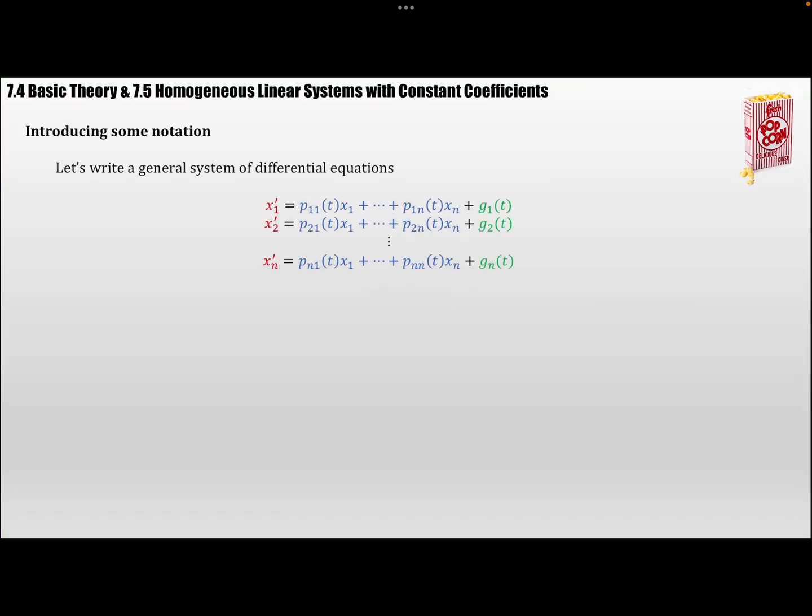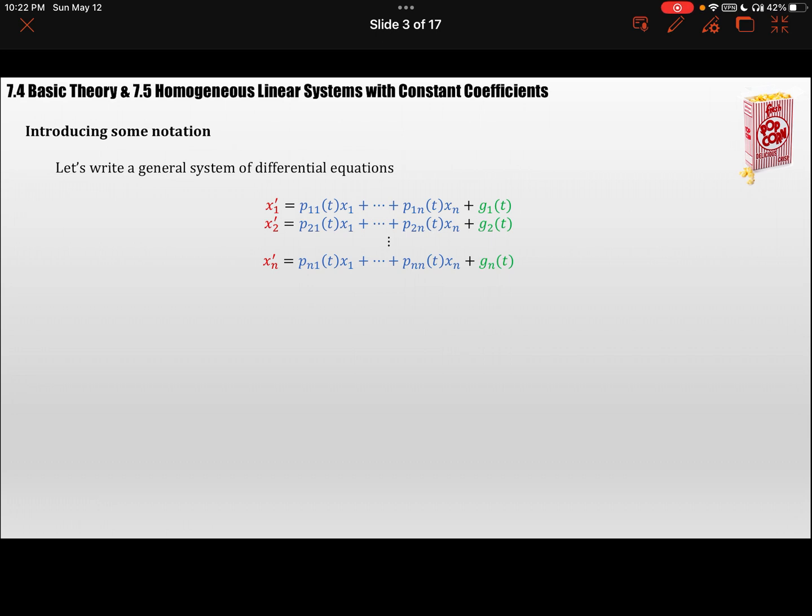All right, so in general, a system can be written this way. I think you would agree. But we can also write it in a more compact form where the red, blue, and green are summarized into these vectors. This shows off the power of linear algebra to make things prettier.